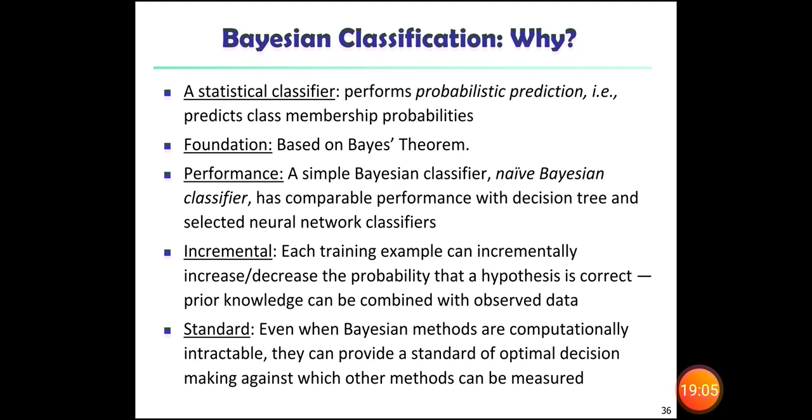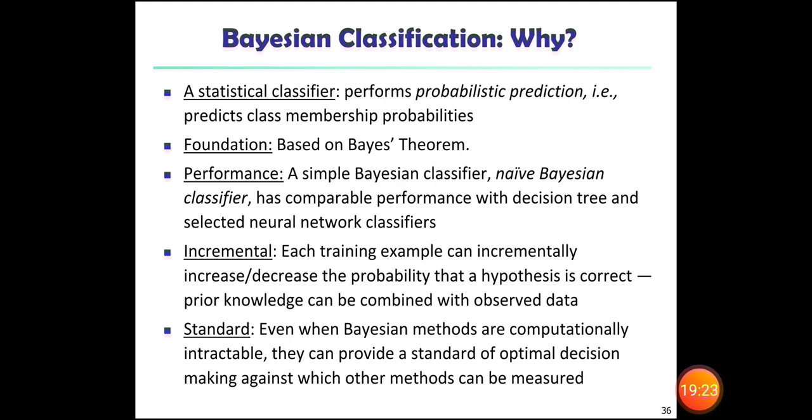And here we have one property that is incremental: each training example can incrementally increase or decrease the probability that a hypothesis is correct, and prior knowledge can be combined with the observed data.